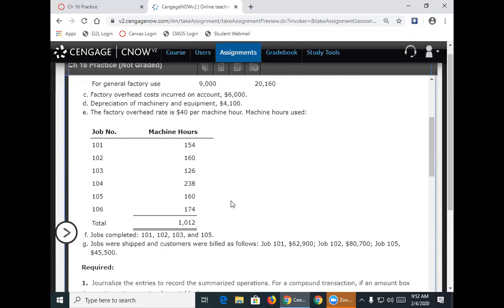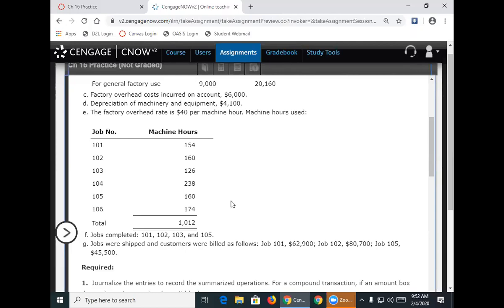And where would we put that applied overhead? Work in process. Very good. Remember, in work in process, we have direct materials, direct labor, and applied overhead. So work in process gets debited 40,480. What do I credit? Factory overhead.